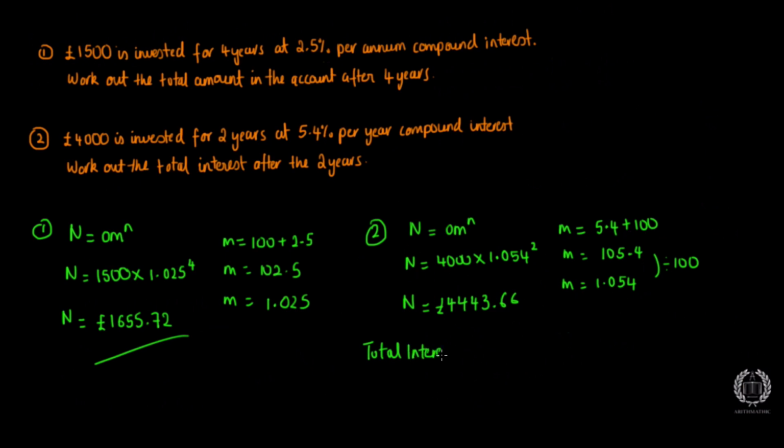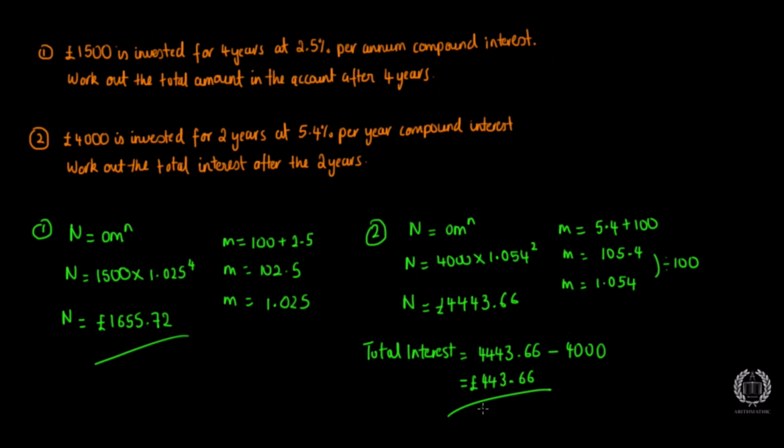So to find the total interest after 2 years, I'm going to use my final value, 4,443.66, take that away, minus 4,000, which is the original value, because then this will give me the interest that's been accruing for the 2 years, and that should give us £443.66, and that is your total interest for the 2 years.